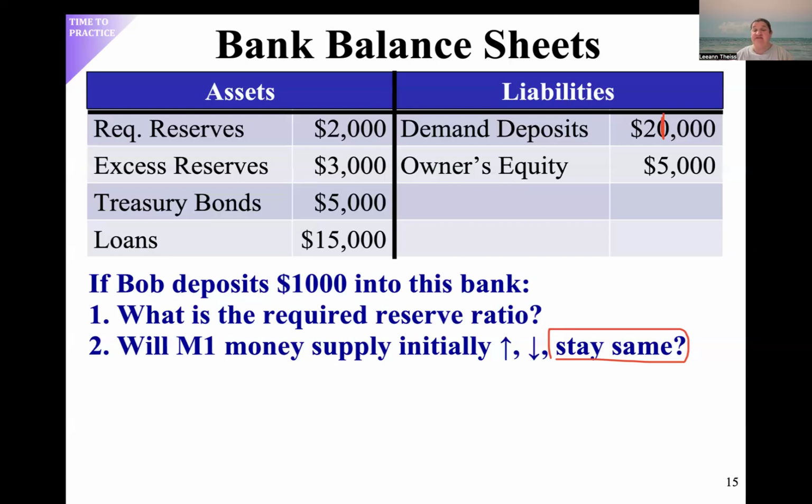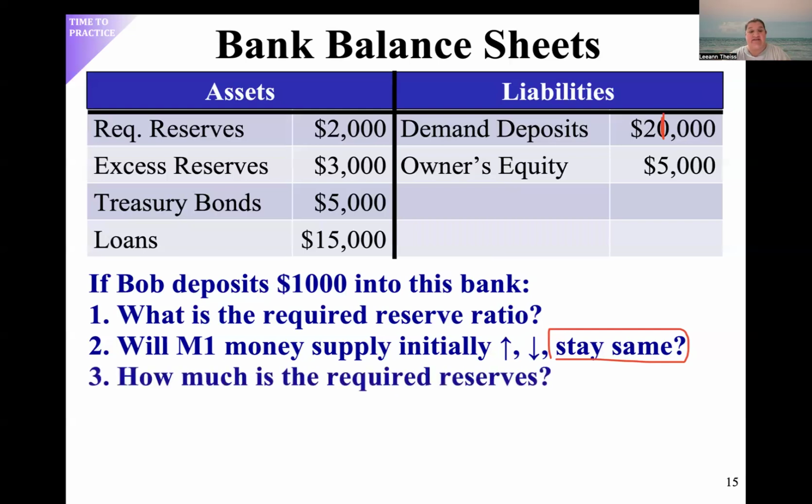Okay, so he puts $1,000 into his demand deposits. The next thing says, how much is the required reserves? We already did this. No. Oh, no, they're asking us to do the calculation, right? Let me see. Yes. Okay.